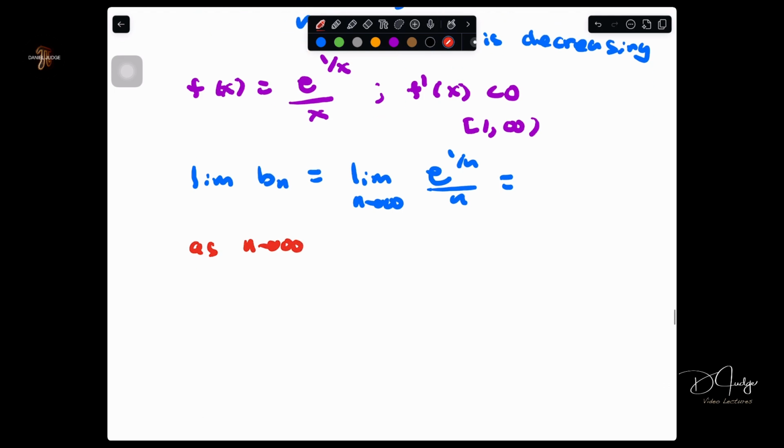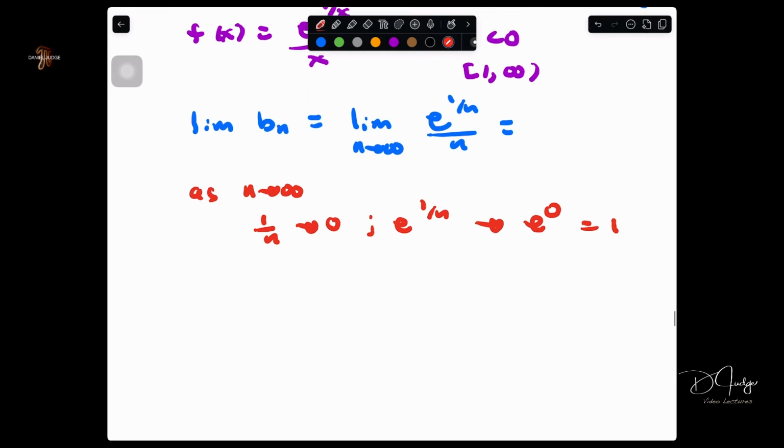As n goes to infinity, 1 over n goes to 0. e to the 1 over n goes to e to the 0, which equals 1. So your numerator is going to 1, while your denominator is going to infinity.